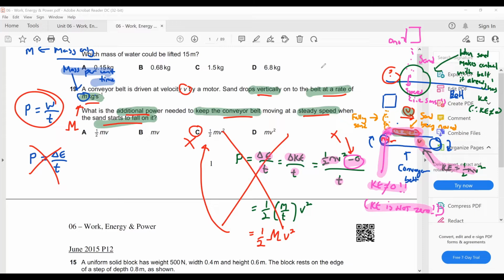Let me just write it out. I'll just use green color. Now P is W over T, which equals Fs divided by T. F is S divided by T. Oh, sorry.